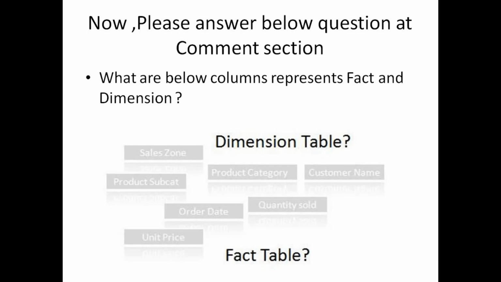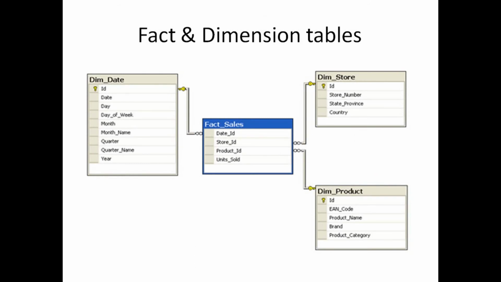Okay, thank you. And here earlier I joined the product ID, I told it, right, foreign key and primary key relationship in fact table and dimension table. Here dim date ID is the foreign key and it is joined to date ID, the primary key. Here in this table, it is dim store table.